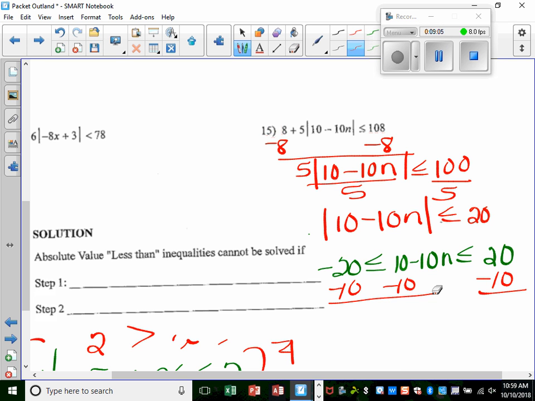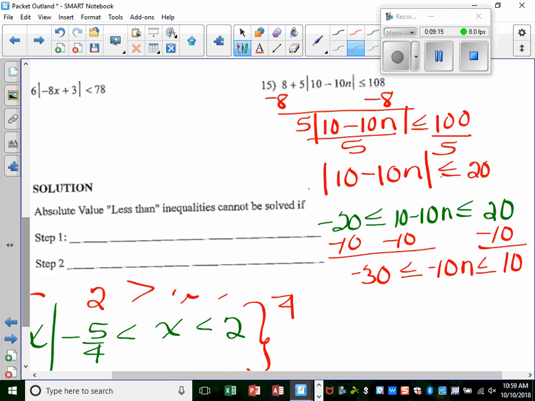So that will give me negative 30 is less than or equal to negative 10n, which is less than or equal to 10. Okay, what will be my next step? Divide by negative 10, and since it's negative, I'm going to be reversing the symbols. So that's going to give me positive 3 is greater than or equal to n, which is greater than or equal to negative 1.